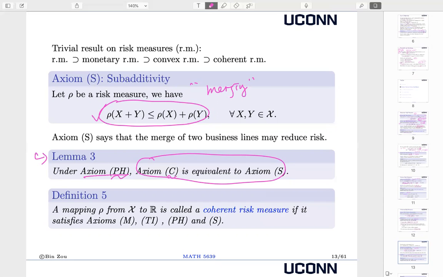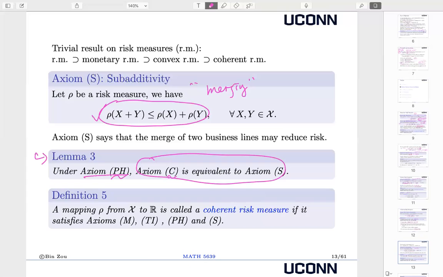So let's say X is the loss of one company, Y is the loss of another company. On the right-hand side is when they do not merge, so that is the risk on the right-hand side. If two companies merge together, their losses are combined to X plus Y. The risk is smaller, or at least no bigger than the non-merging case.